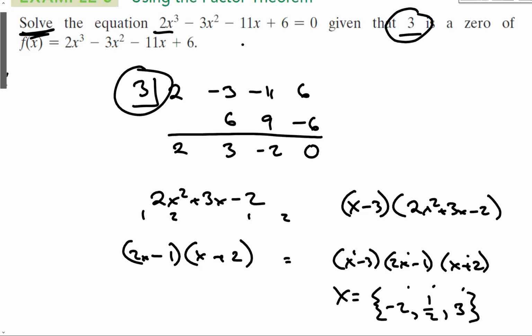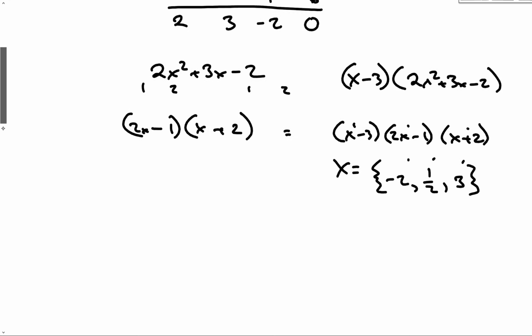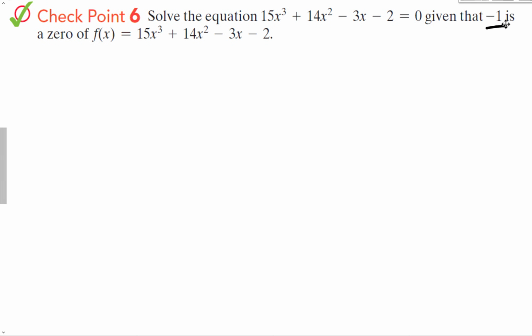So given that negative 1 is a 0, right? We can go like this, we can say 15, 14, minus 3, minus 2. Double check that I don't need any zeros. I don't.